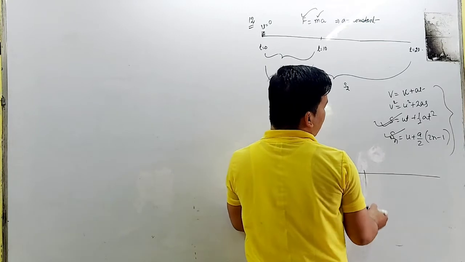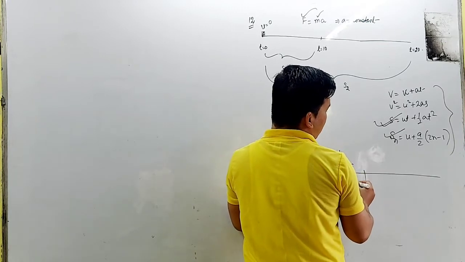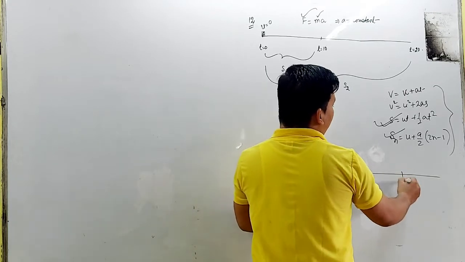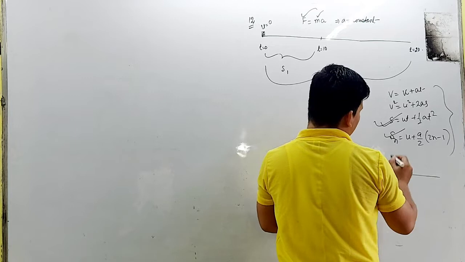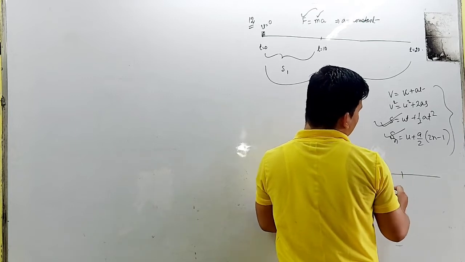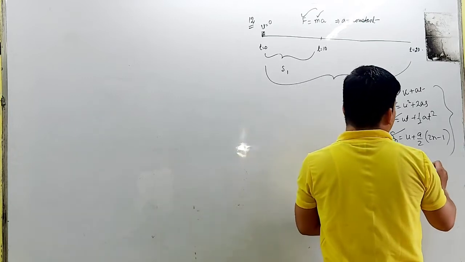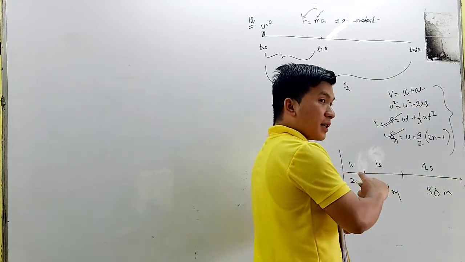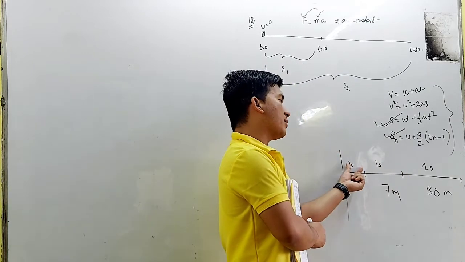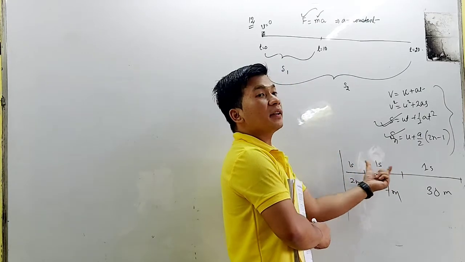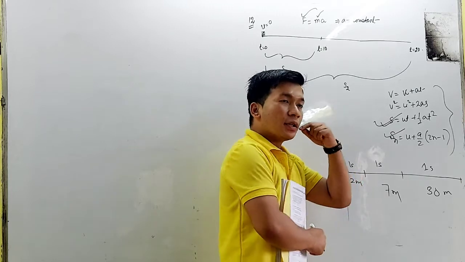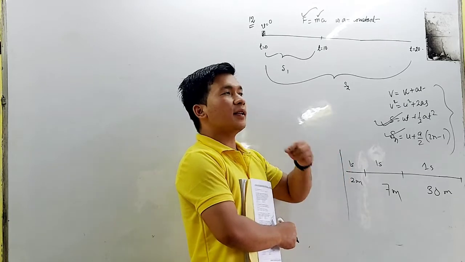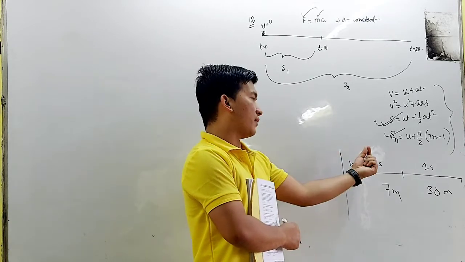Consider the nature of accelerated motion: in 1 second, for example, the body covers 2 meter, in the next 1 second it covers 7 meter, and in the next 1 second it covers 30 meter. Such motion, where in equal time intervals the object produces different displacements, is considered to be in acceleration mode. Acceleration in simple language means speeding up.